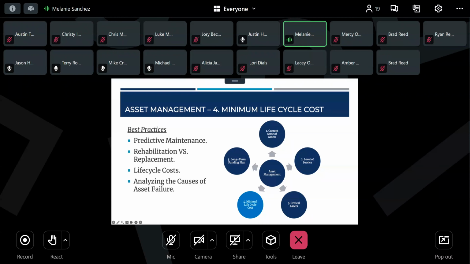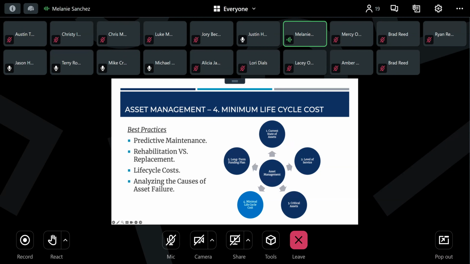So streamlining the approach, we can move from reactive to more predictive maintenance, right? So shifting this helps us to address issues before they become critical. And then understanding cost and benefits. It's pretty important to understand the cost and benefits of rehabilitation versus replacement, especially for the critical assets.